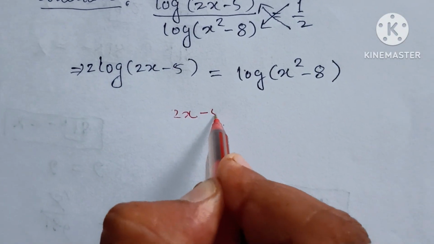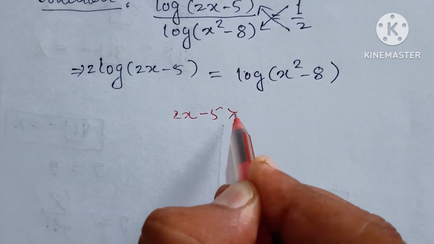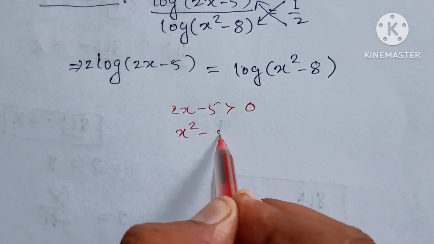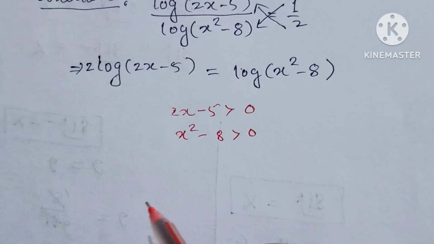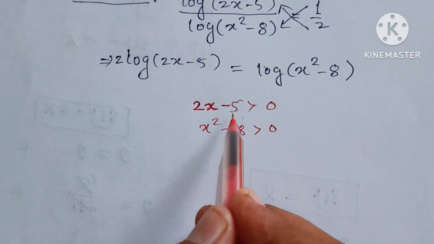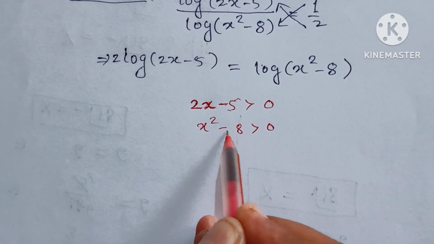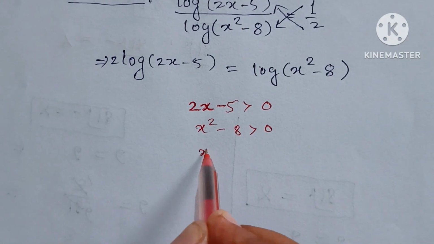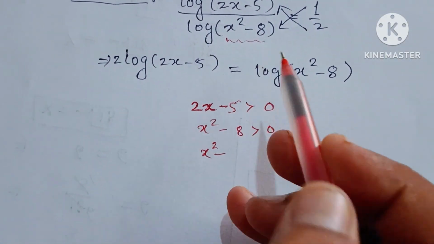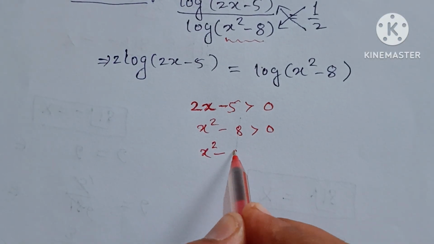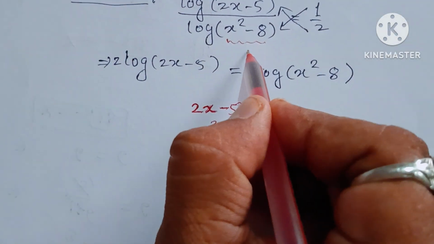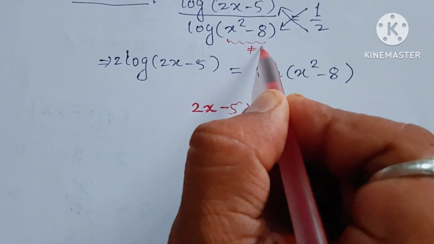The conditions are 2x minus 5 is greater than 0 and x square minus 8 is also greater than 0, and x square minus 8 is not equal to 1.